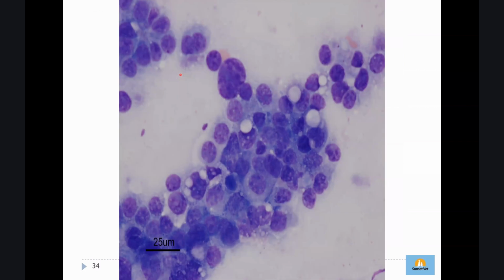So for this one, if you can help me differentiate, is it more inflammation or more cancer? You can put it in the chat box. I'm going to give you 10 seconds. Let me check the joining.